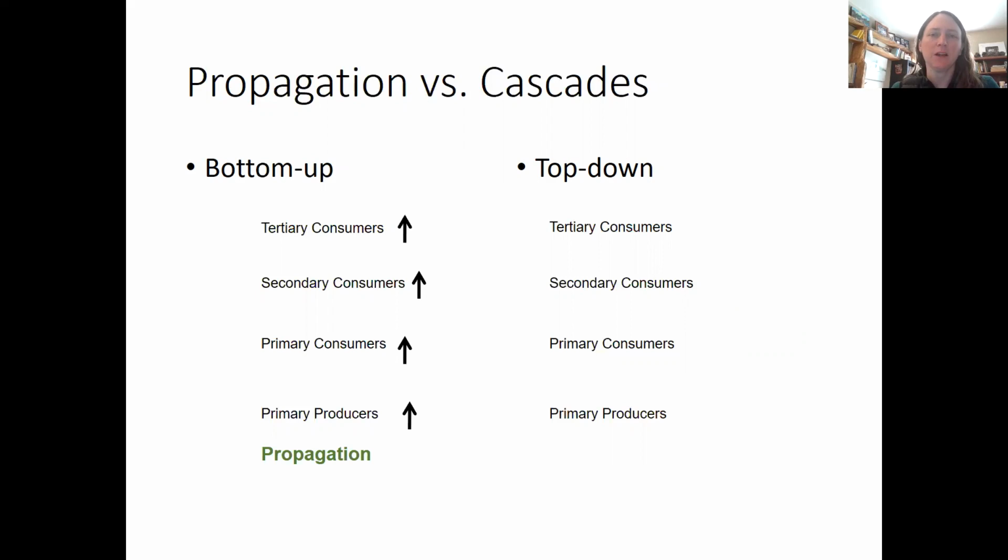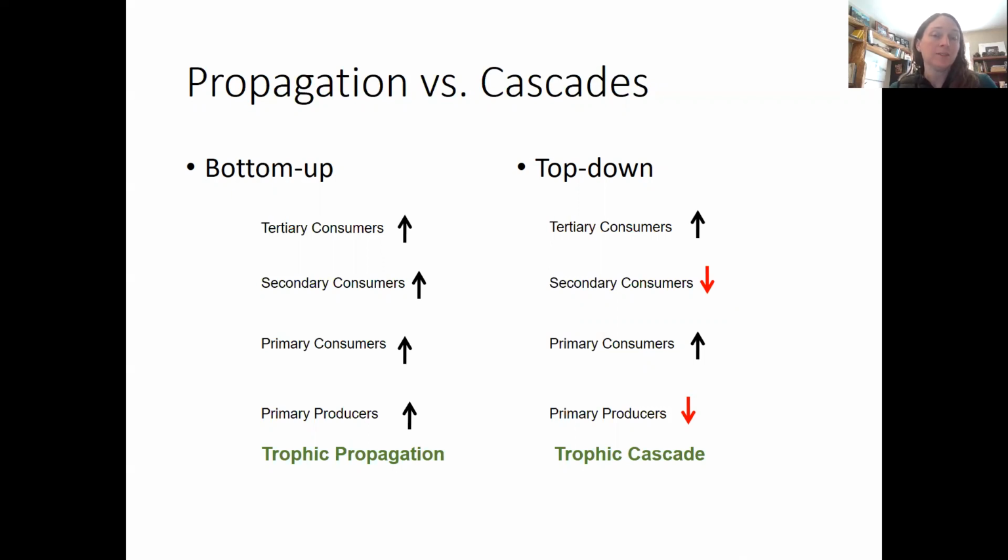If you increase the tertiary consumers, you might think, oh, if propagation, everything goes up, so if you increase something at the top, everything will go down. But that's not the case. This is called a trophic cascade. If you increase the tertiary consumers, then you apply pressure on the secondary consumers, and they go down.